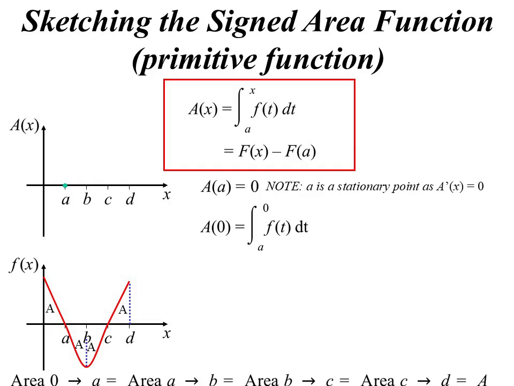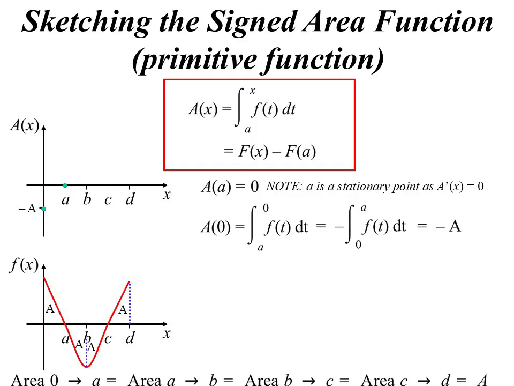Again, going back to my formula here, I'm saying it's the integral from a to 0. Well, that's where I'm going to use that idea of swapping the limits around, because it's easier to look at it and say, what is it from 0 to a? But I'll change the sign. Now we know from 0 to a, we said that we called that capital A. So my answer is going to be negative a, because it's the negative of that area. So bang, there's my y-intercept at negative a.